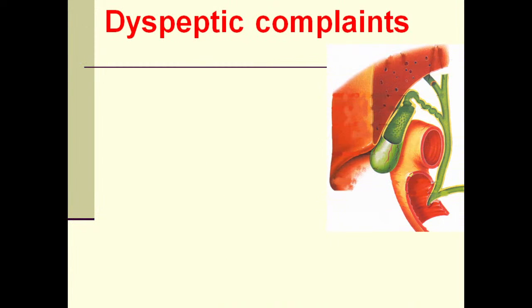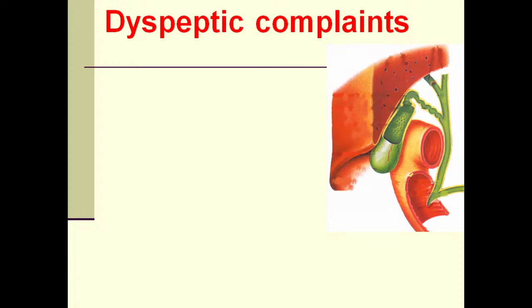Dyspeptic complaints. I told you, the gallbladder is a sac which concentrates bile which enters from the liver and then evacuates it after eating. Bile is needed to control the pH of the intestine, where there is an alkaline reaction, in contrast to the acidic reaction of the stomach.